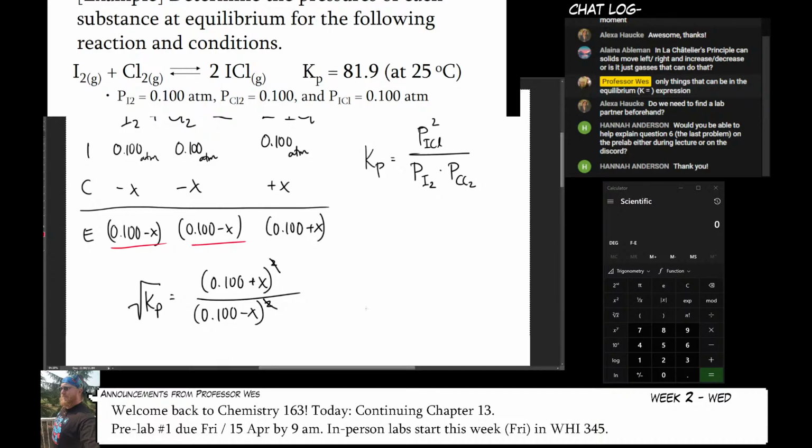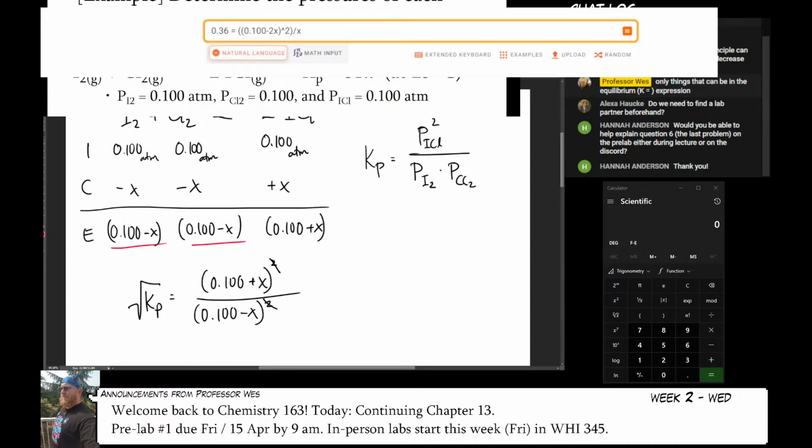Because now I have square root of whatever Kp was, 81.9, equals 0.1 plus x divided by 0.1 minus x. And we can solve that. If we had to do this algebraically, this would be much simpler to do too. So we could just do it there. But we have Wolfram Alpha, we might as well use it, right? So, all right, so square root 81.9.